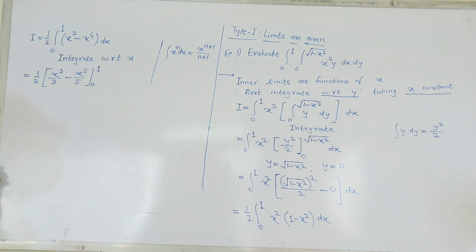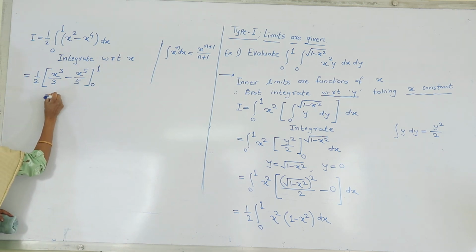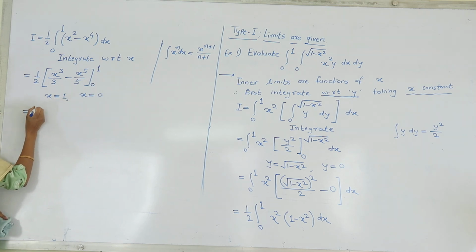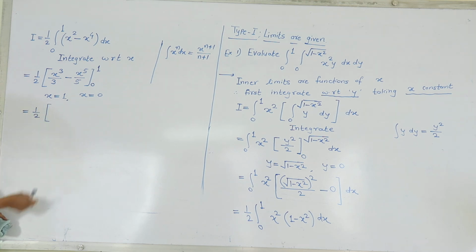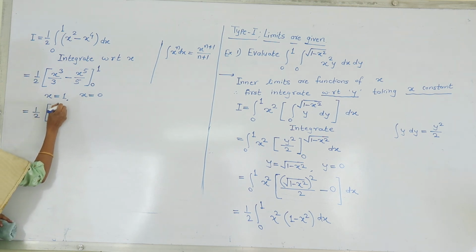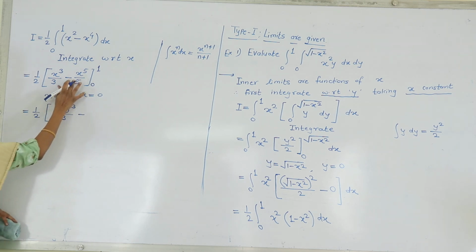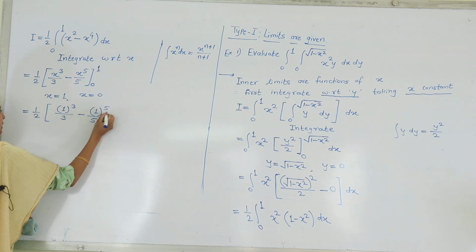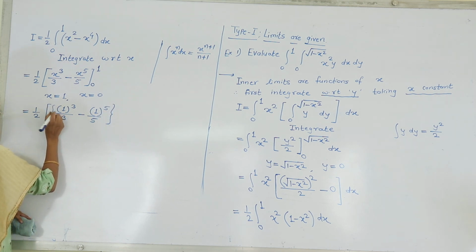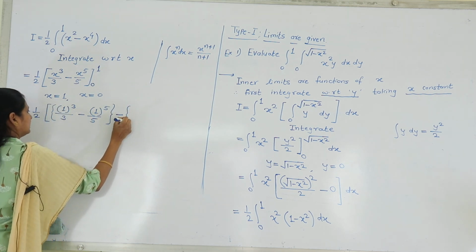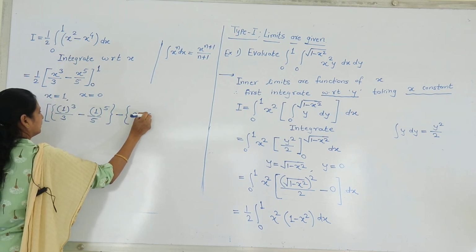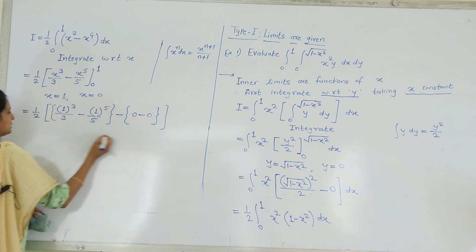Now put here limits. Upper limit of x is 1 and lower limit of x is 0. It's 1/2, x equal to 1, that means 1 cube upon 3 minus 1 raised to 5 upon 5. This is the upper limit minus the lower limit. Value of x is 0, so 0 upon 3 is 0, 0 upon 5 is 0, lower limit is 0.